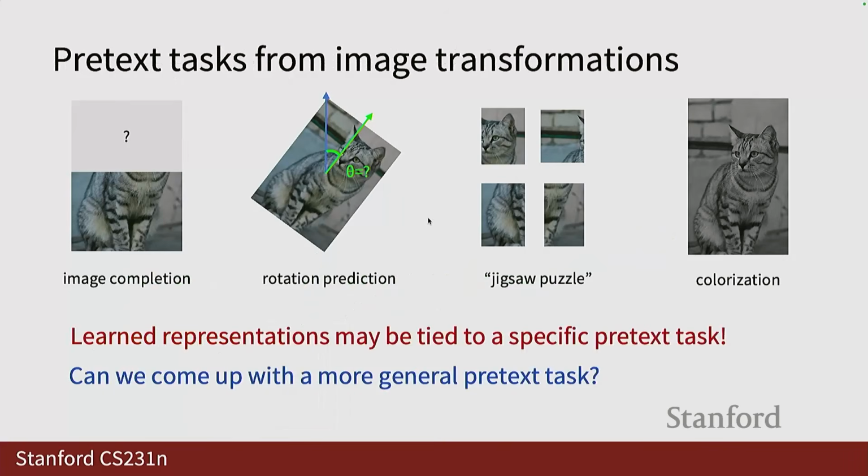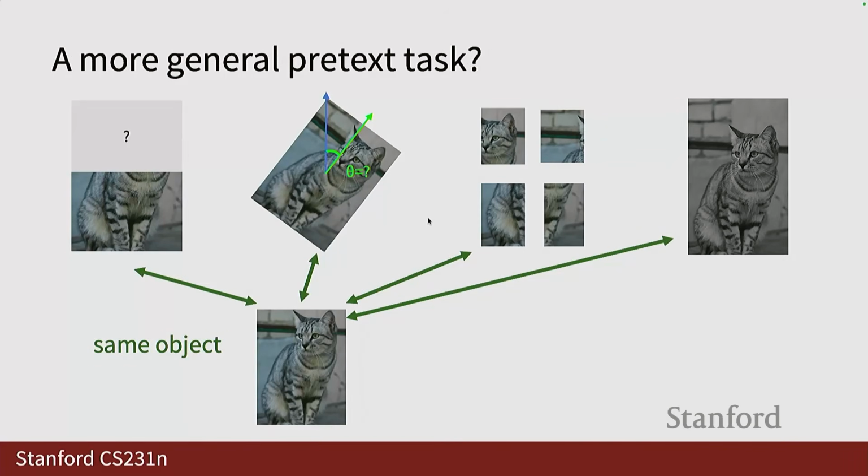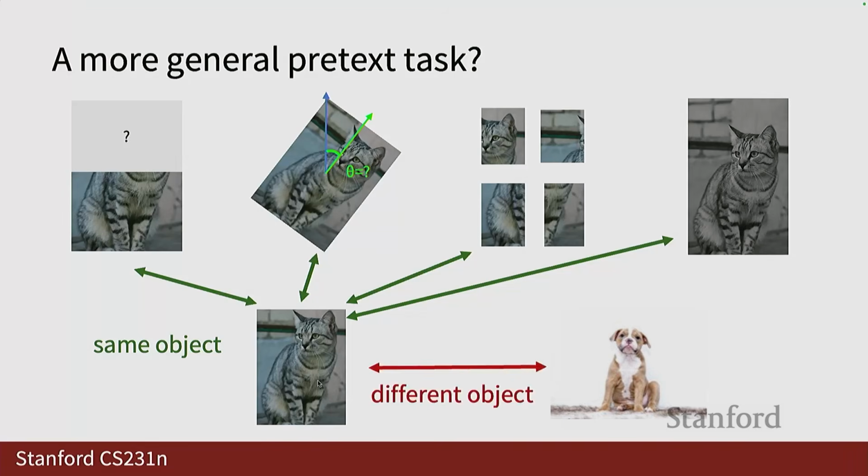We did look at these transformations, and we know that all of these transformations are actually the same object as the original image, just in a different form. But we also know that in the data set we have other objects that look completely different.